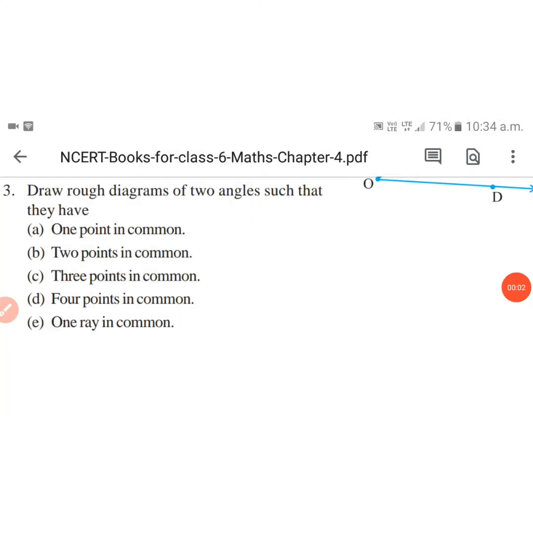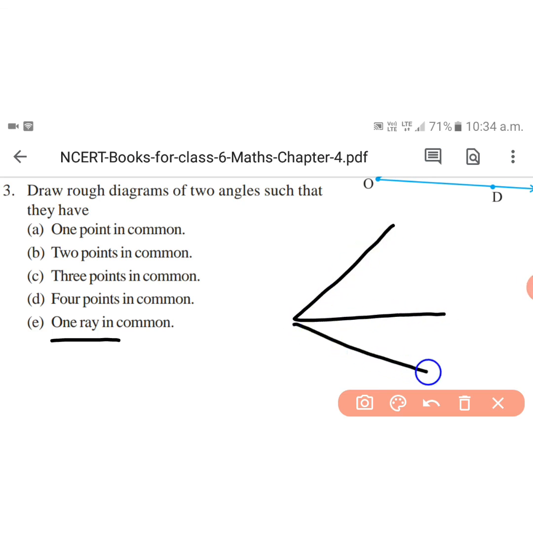E part, 1 ray in common. So draw a rough diagram. O, P, Q, R. So 1 ray in common. POQ and QOR are two angles.